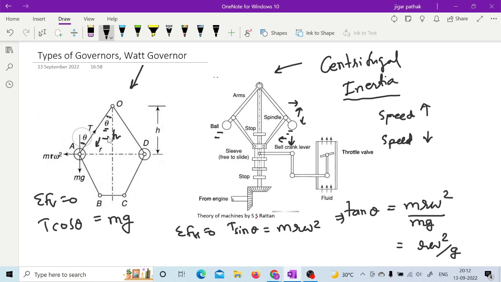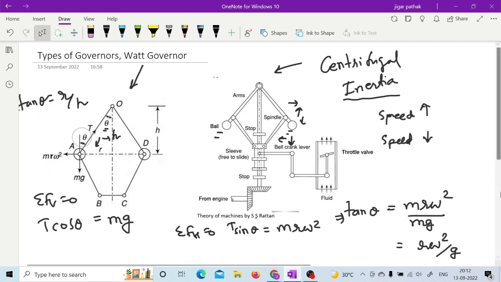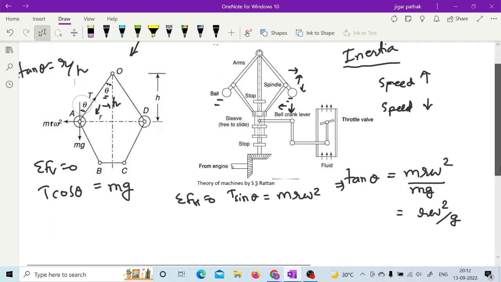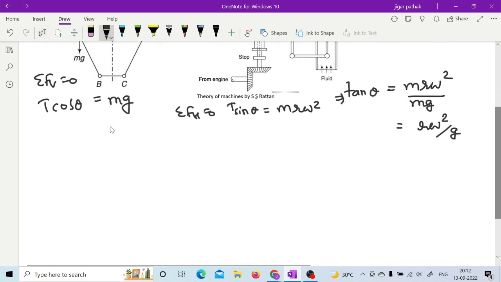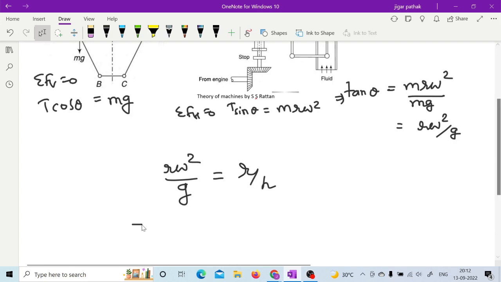So now, having tan theta equal to r omega square by g and also r by h, you can equate these two.